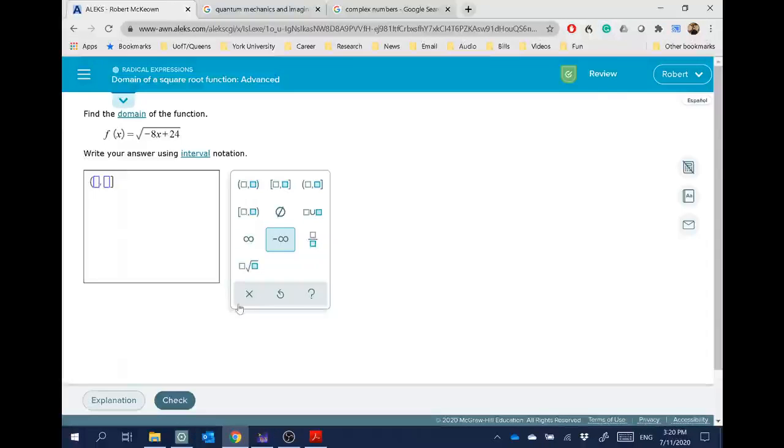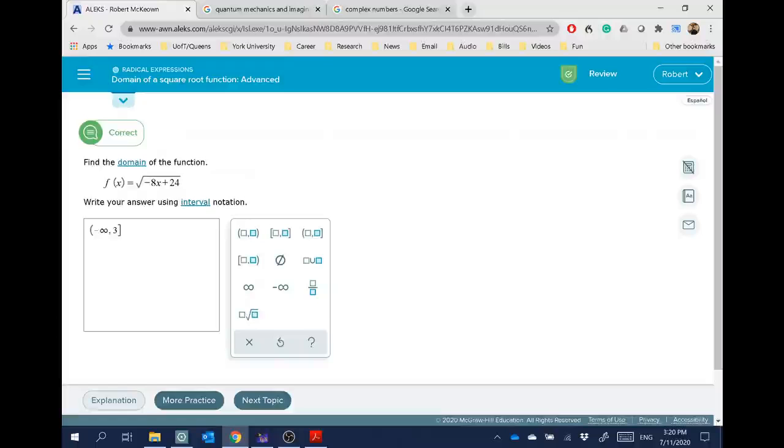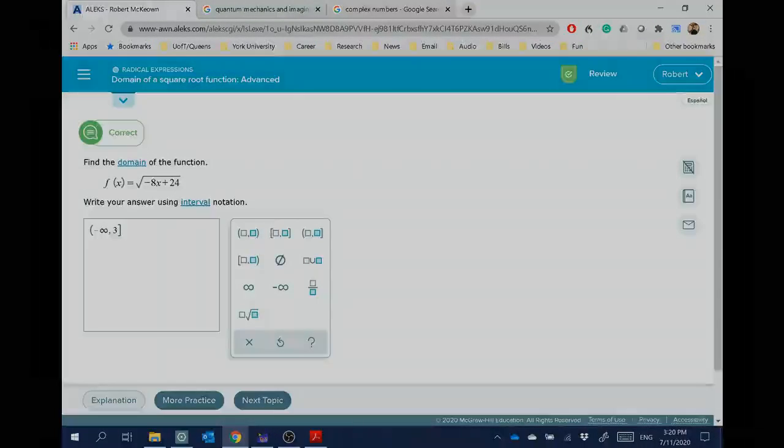I'll click the negative infinity symbol, then click into the right side box and put in the number 3, and click check, and we got the right answer. Notice it didn't ask for x is in this interval. We just had to put in the set itself. That's all ALEKS wanted.